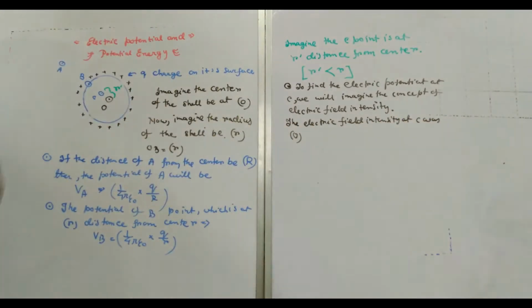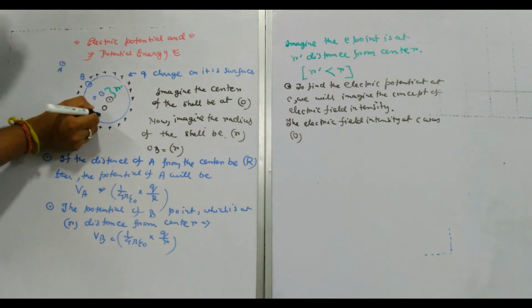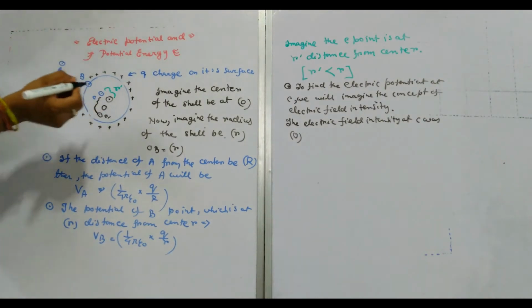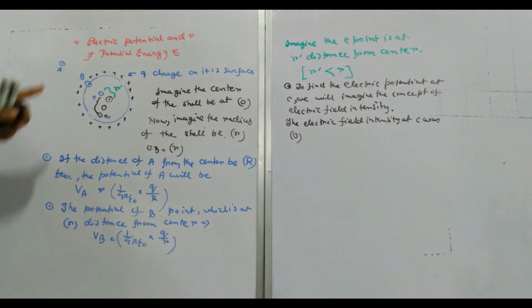As a result, if we consider another point over here, that is C dash, then if we try to propagate a point charge from C to C dash, the amount of work done will be again 0.